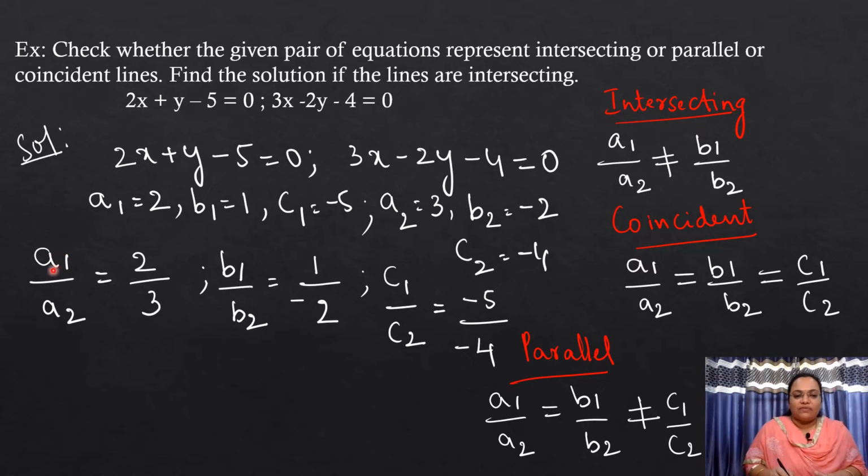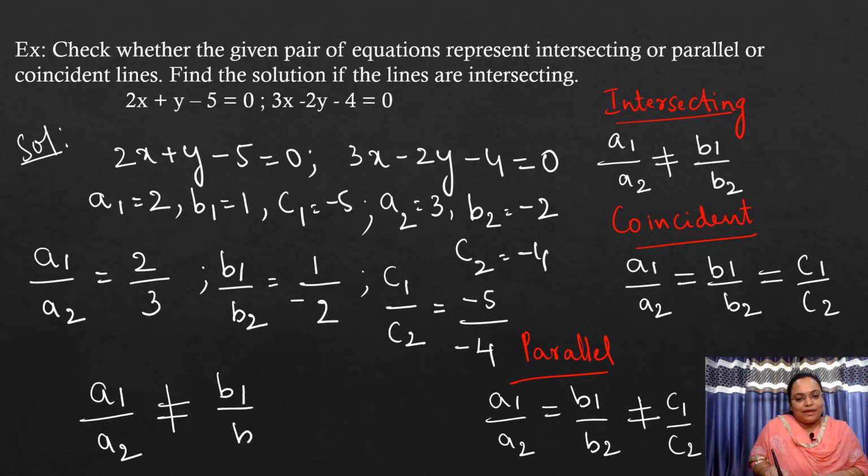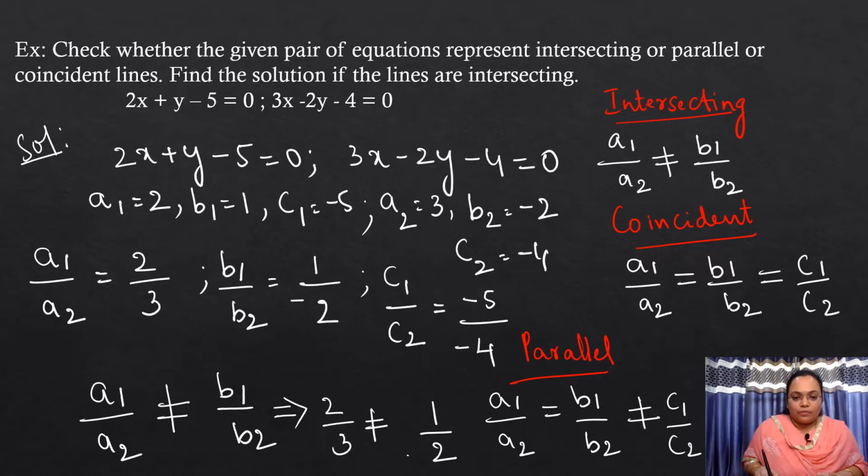If you see A1 by A2 and B1 by B2, you can say that A1 by A2 is not equal to B1 by B2. Which is 2 by 3 is not equal to 1 by minus 2. So this is the condition for the intersecting lines.